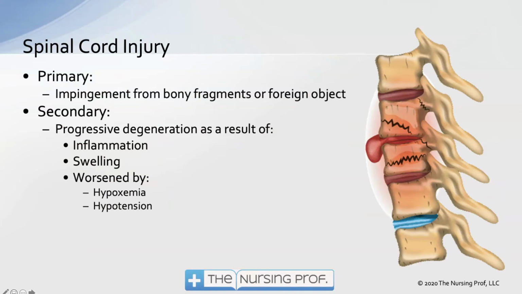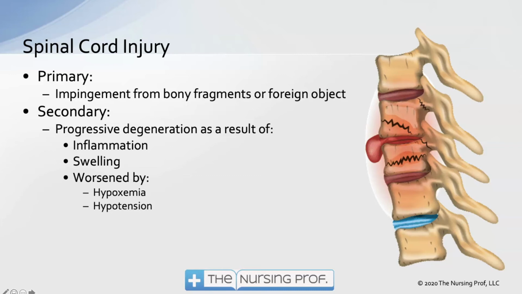So there's two types of spinal cord injury. We're talking about a primary injury, so we have some kind of impingement from bony fragments or from a foreign object that's impinging upon the spinal cord itself. We also have secondary. This can be the result of swelling. So we may have a fracture, and the fracture itself is not impinging on the spinal cord.